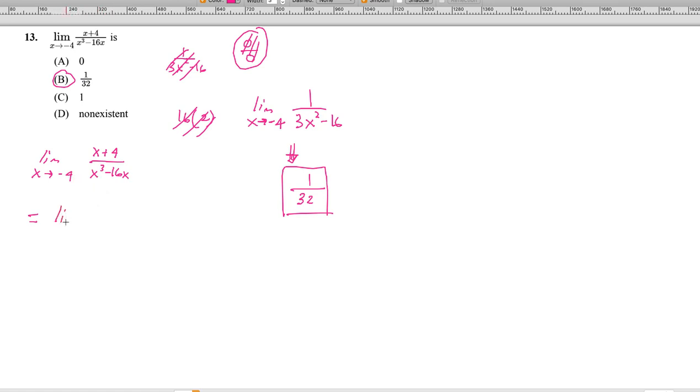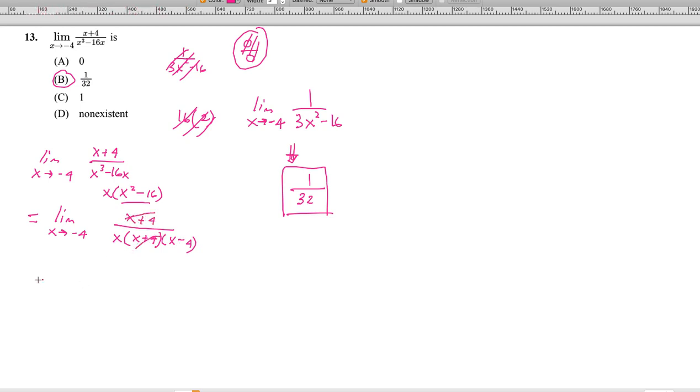So it's going to be the limit as x goes to -4 of, in the bottom part, I could factor out an x. I'm going to be left with x squared minus 16, and this factors as x plus 4 times x minus 4, and it's x plus 4 on the top.